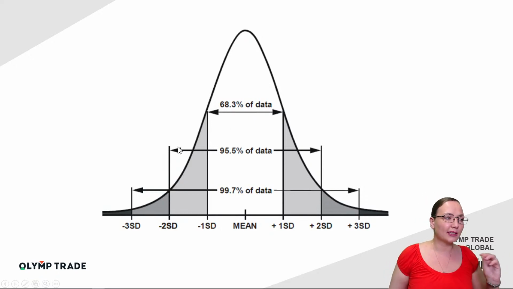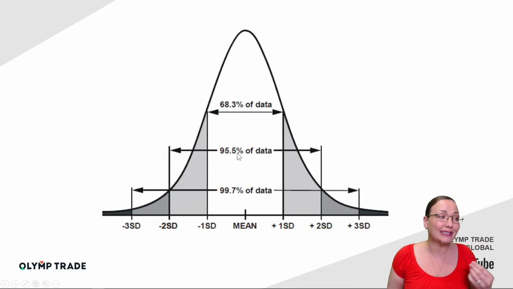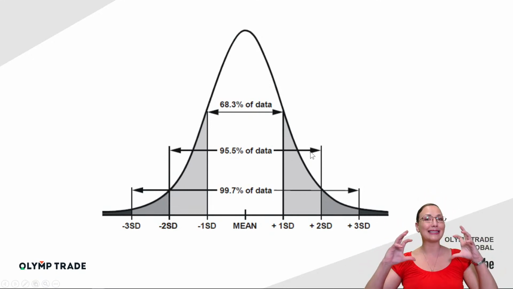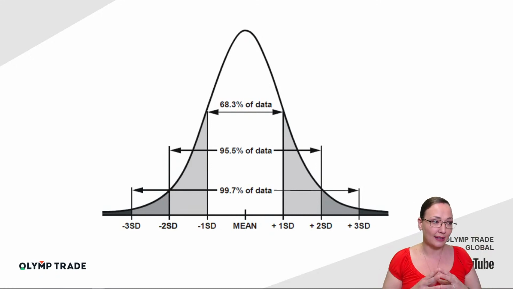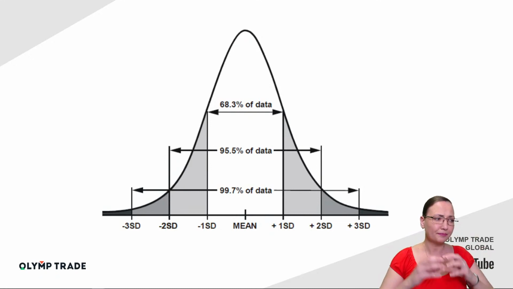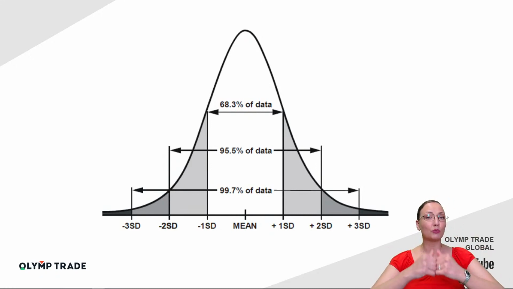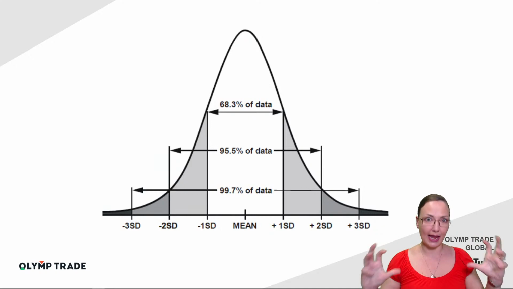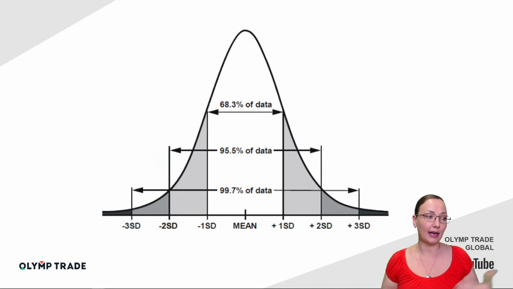But there is a chance that it's going to move beyond these lines towards the 2nd standard deviation, and the price is going to be contained within the 2nd standard deviation at 95.5%. But there is a chance that it's going to move beyond the 2nd standard deviation towards the 3rd standard deviation, and it's going to be contained within that deviation at 99.7%.